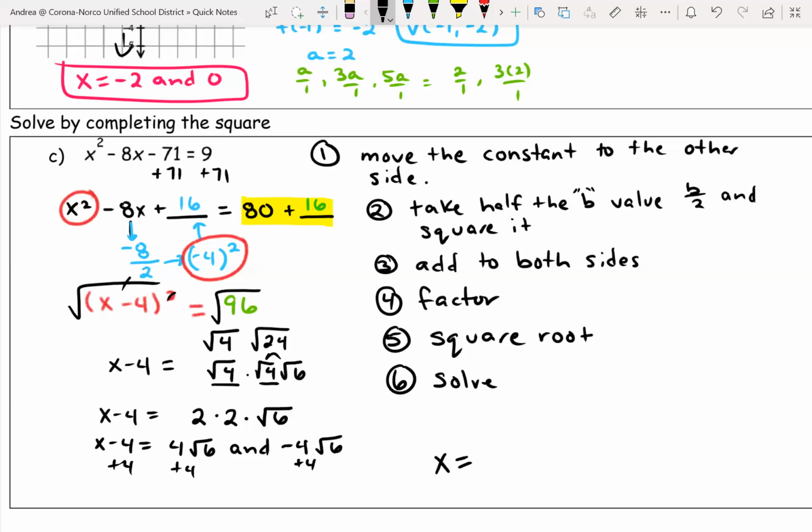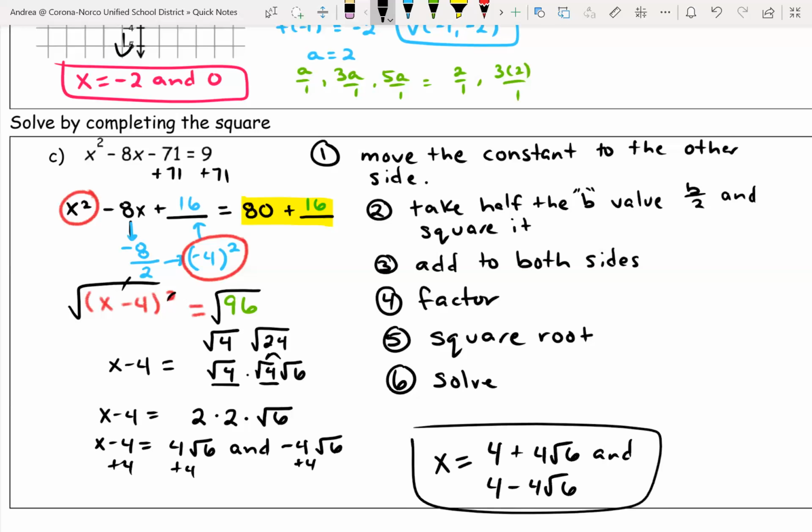So it's just 4 plus 4 radical 6 and 4 minus 4 radical 6. Or you could use 4 plus or minus, the plus or minus sign. Either one will work. But we have our 2 answers. Any questions over that? How are we doing?